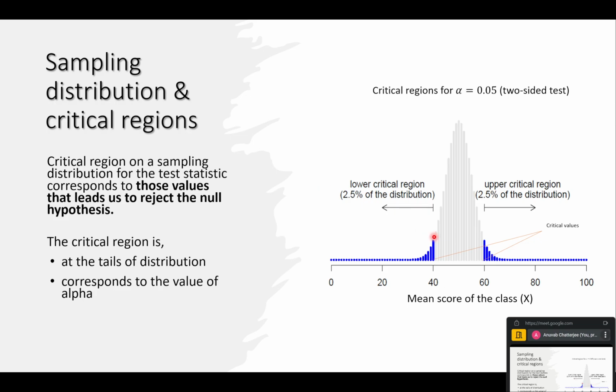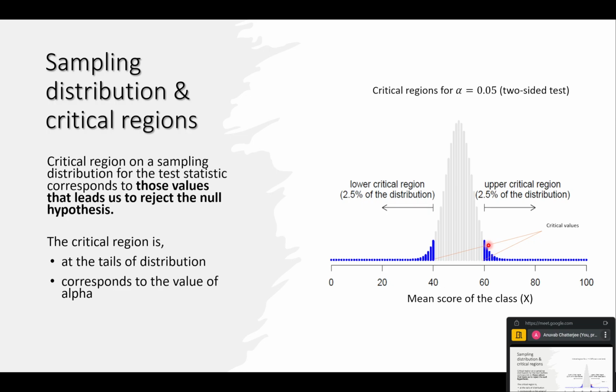As we had seen last class also, you take a small amount from the entire population and you plot it, and you try to estimate the parameter of the entire population using the samples that you have taken. So there is a concept called critical regions. These critical regions are these tails of the distribution, and here is where the null hypothesis would either be accepted or rejected. Critical region is at the tails of the distribution and corresponds to the value of alpha.